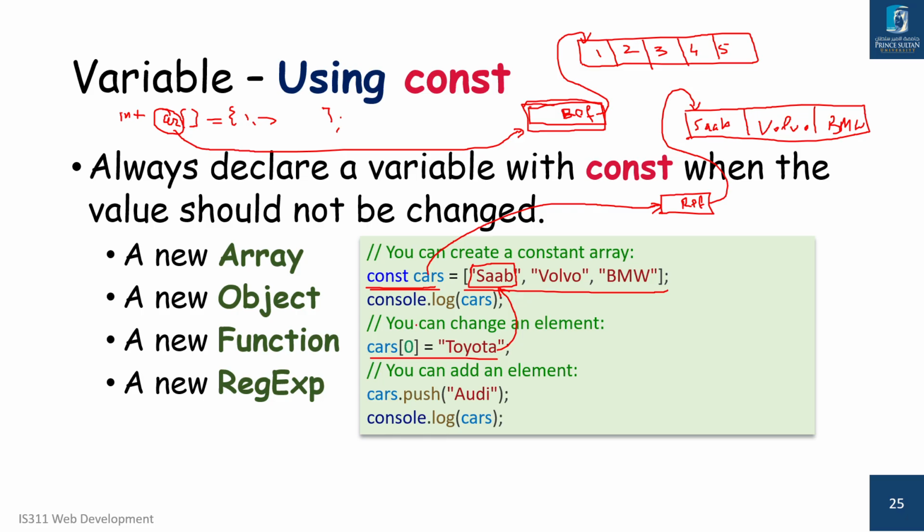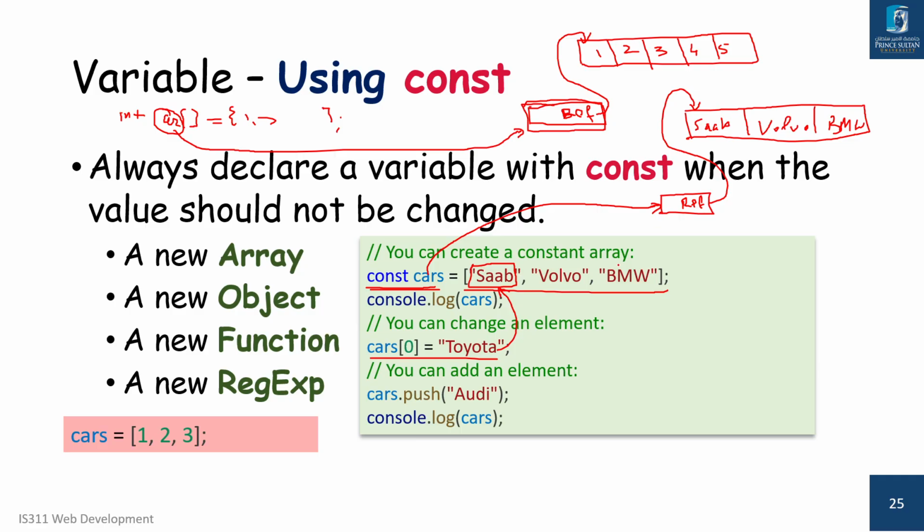So if I try to change that array to a new array, it says no, you cannot change that, because we don't want to lose that address which is saved in cars as the address location.